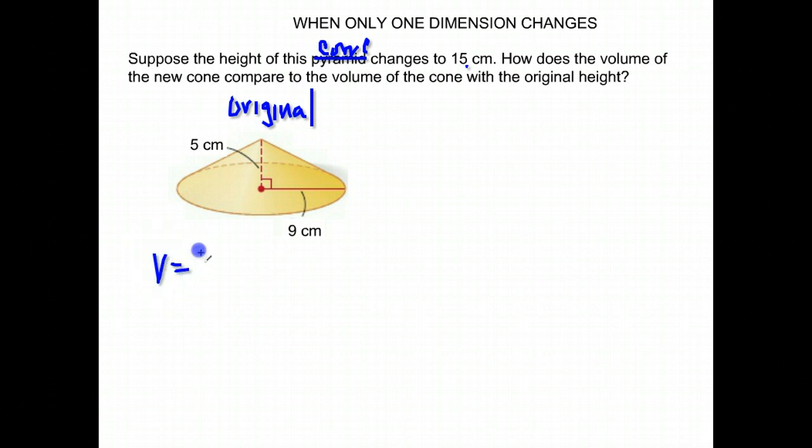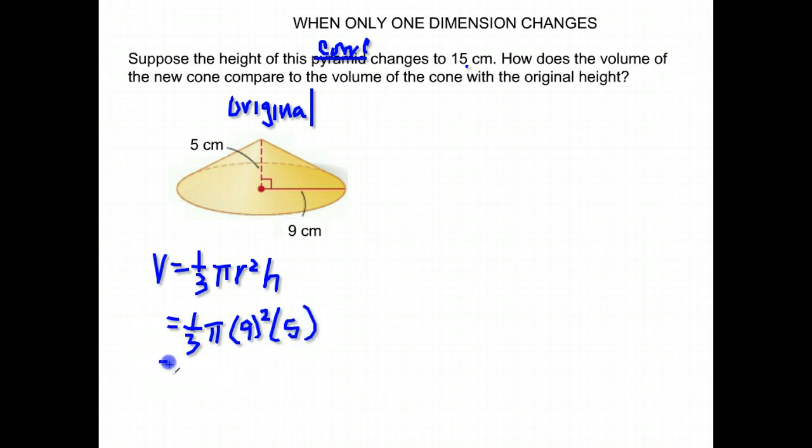Well, it is 1/3 pi times radius squared times the height. We have 1/3 times pi. The radius of this cone was 9 squared times the height of 5. If we do squaring, 9 squared, 9 times 9 is 81. So we have pi times 81 times 5, and then we will divide by 3.